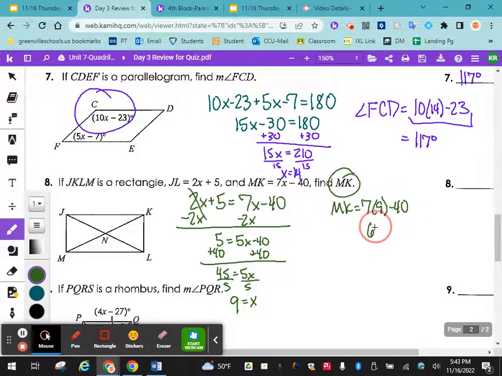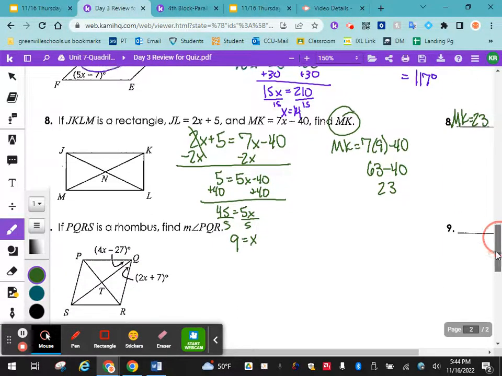So 7 times 9 is 63 minus 40 is 23. Okay, so M K equals 23. Not degrees because it's a side.